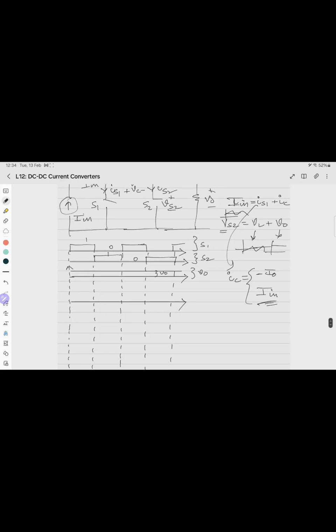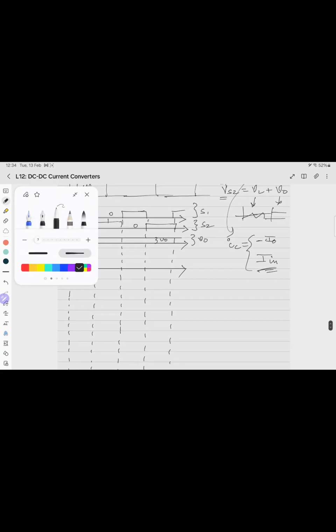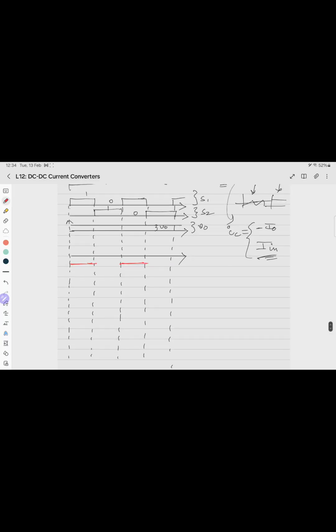So very simple to analyze. First it was minus I naught. Then it is I in. So this is I in.